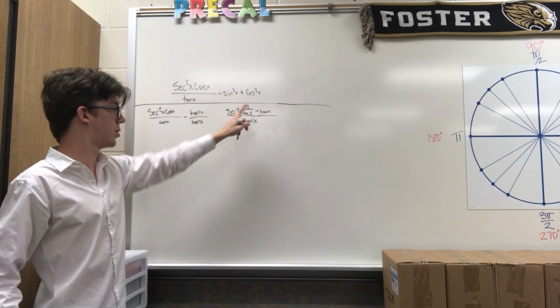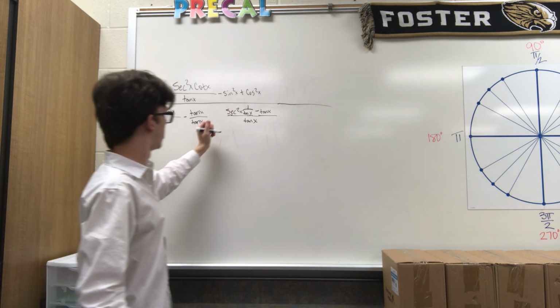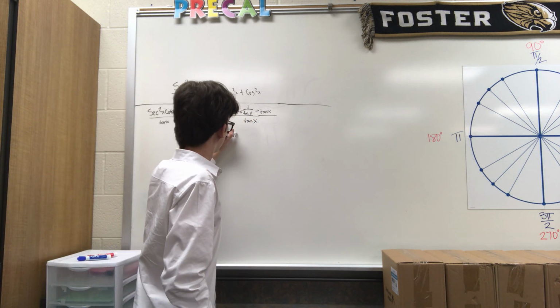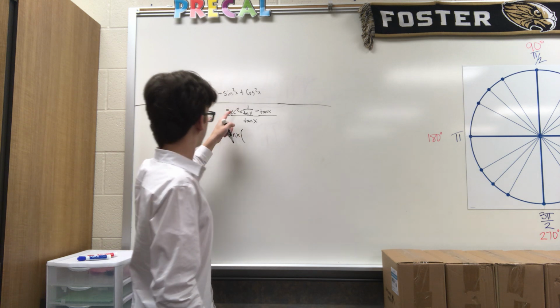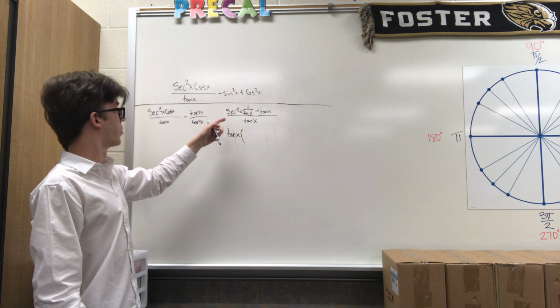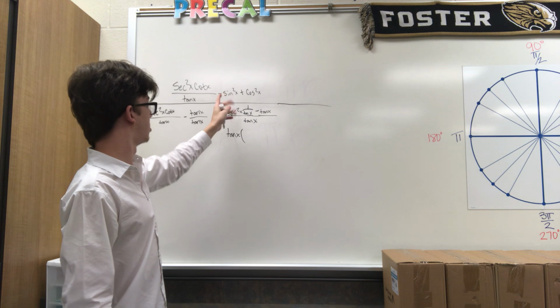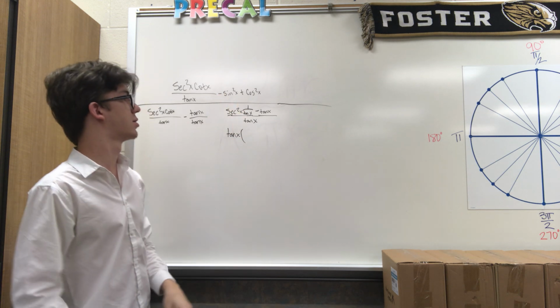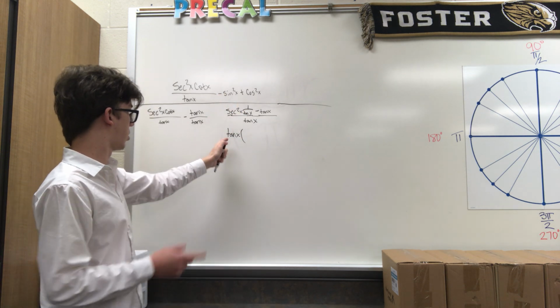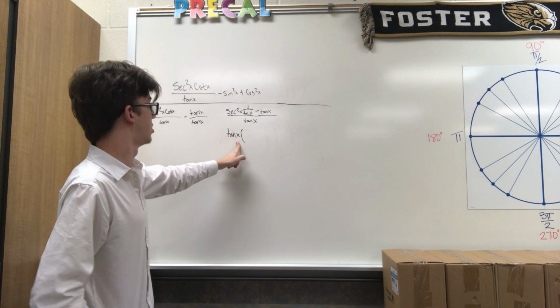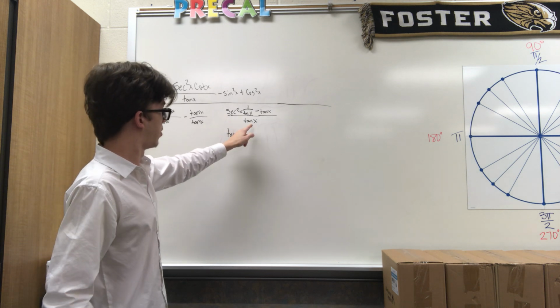So now we're going to factor out a tangent from this equation. So tan x, so we have secant squared. Really we can write this as secant squared over tangent x. And so when we factor out this tangent, we're going to have to multiply it back in.